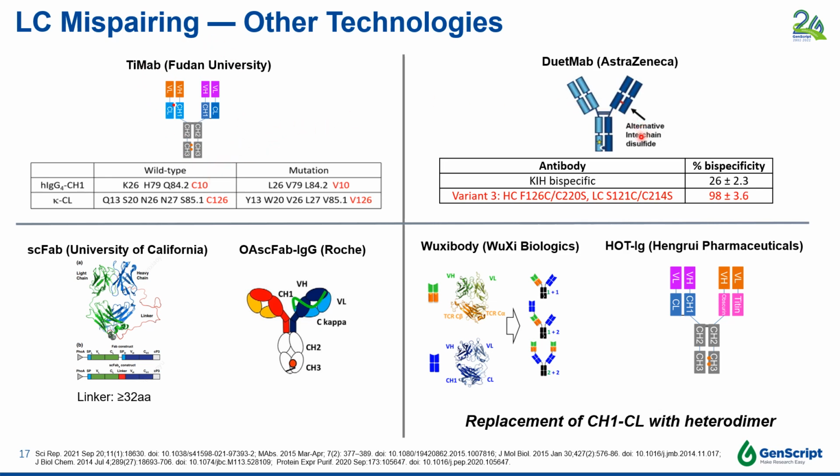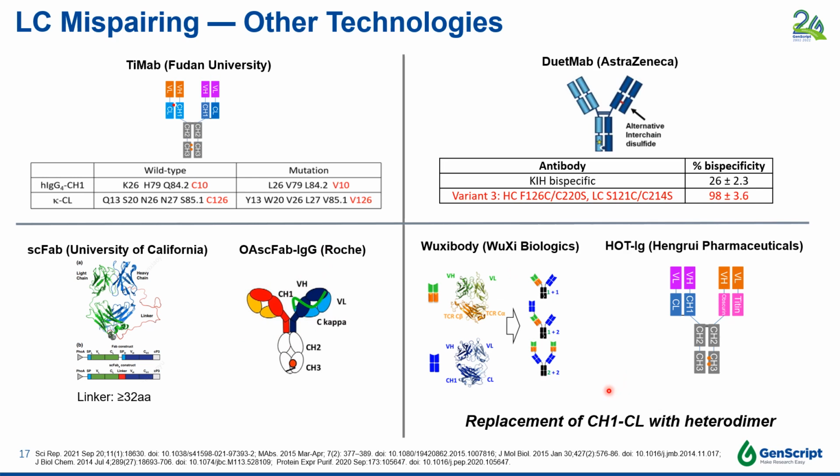And alternative interaction disulfide bonds in fact doesn't work that well. There will be non-covalent light chain mispairing. And for single-chain Fab, the only problem is that the long linker may lead to some aggregates.